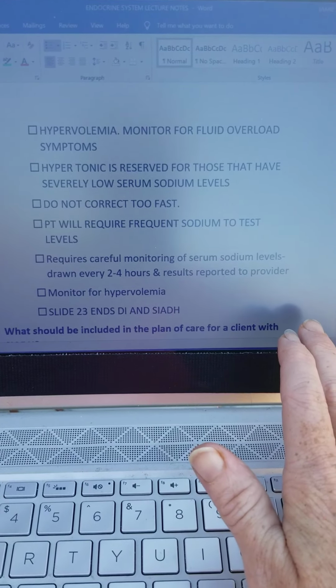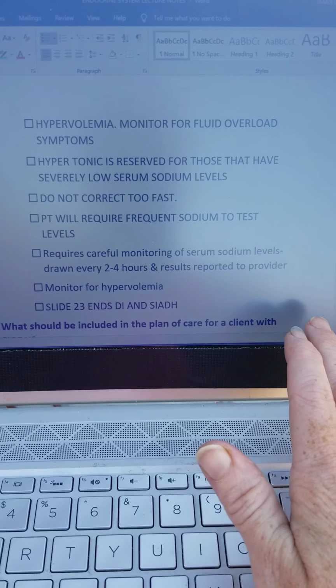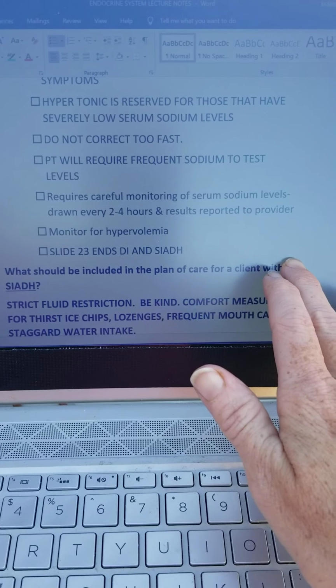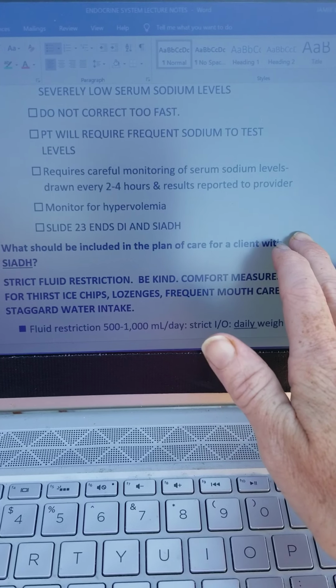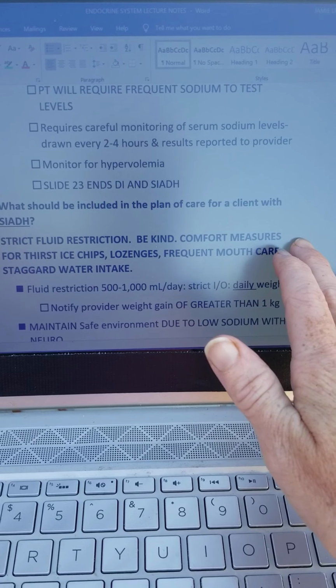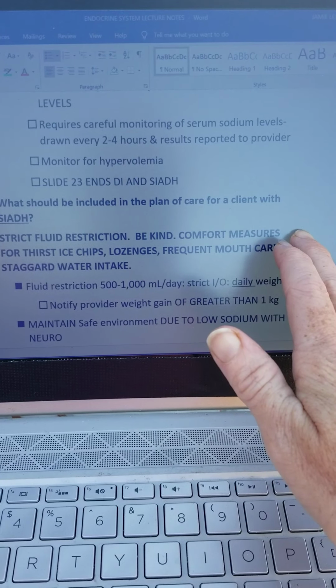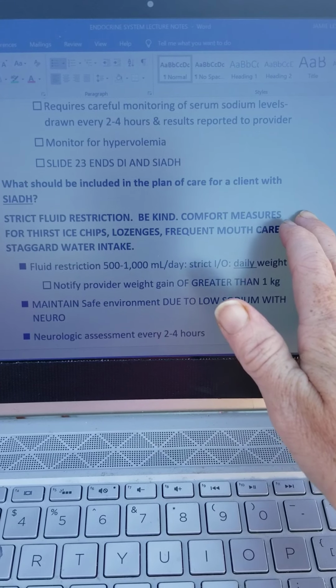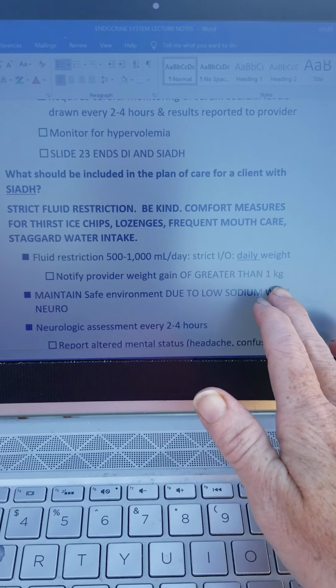Hypervolemia, monitor for fluid overload symptoms. Hypertonic is reserved for those with severely low serum sodium levels. Do not correct too fast. The patient will require frequent sodium level tests, drawn every 2 to 4 hours with results reported to the provider. Monitor for hypervolemia.